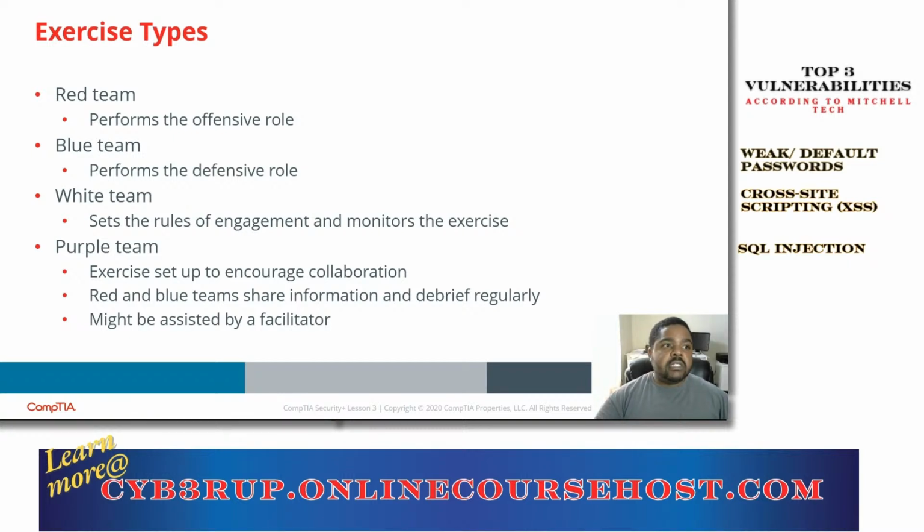So you can have these different teams break up into one big department, and we can play out scenarios of how we can see the vulnerabilities, how they are being attacked, and what we are doing to remediate.